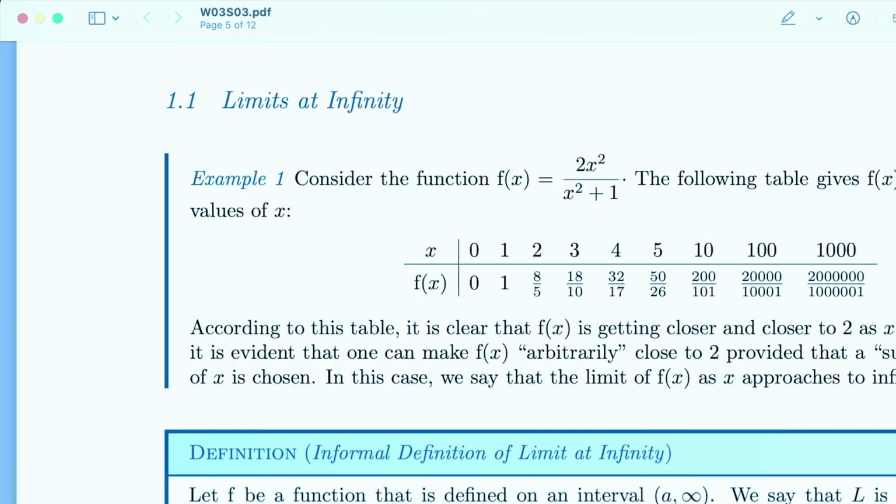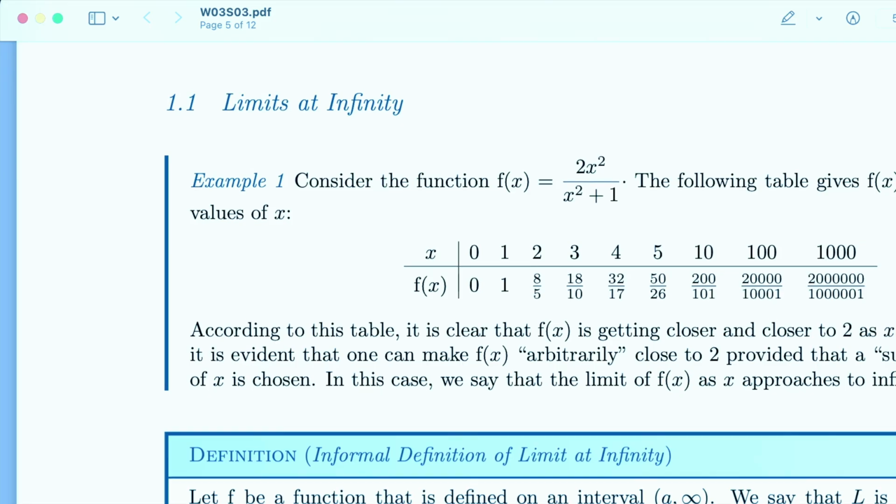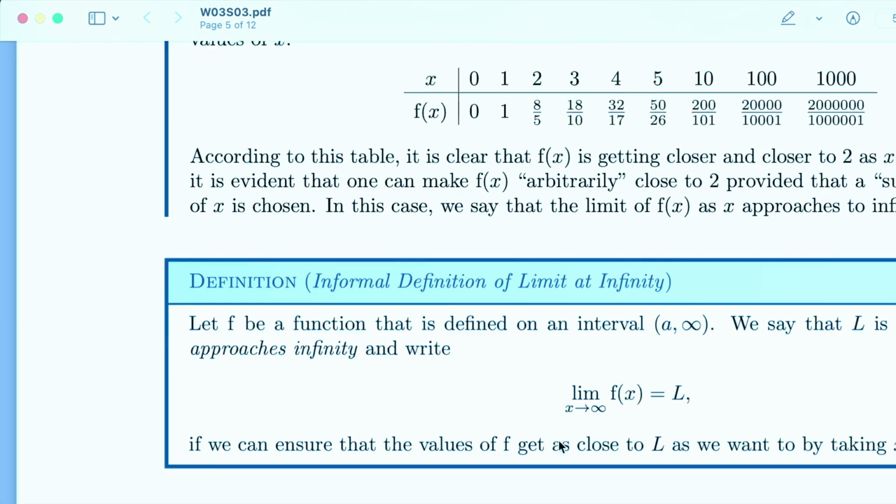We say that L is the limit of f as x approaches infinity, and we write this, if we can ensure that the values of f get as close to L as we want by taking x sufficiently large. That's the meaning of this. Is that clear? So it means that when I increase x, the values of the function are approaching a particular number. Okay, we can talk a little bit about sending x to minus infinity.